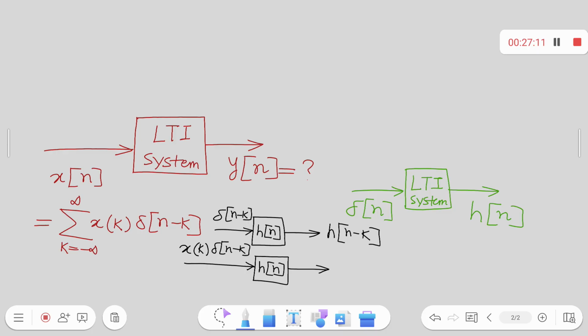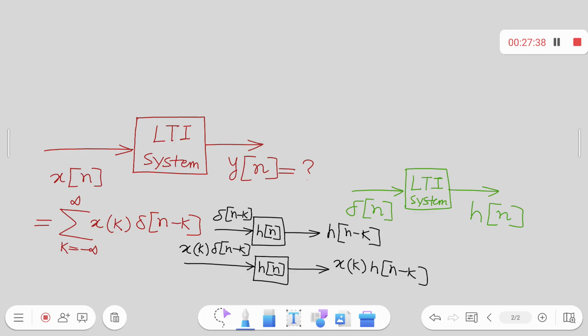Already you applied the time invariance property. Only two are left, additivity and homogeneity. So which property? Homogeneity. You know that for delta n minus k, output is h of n minus k. So for x of k delta n minus k, the output should be x of k h of n minus k.